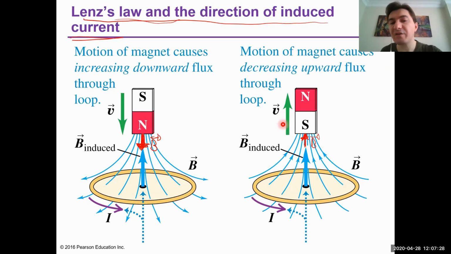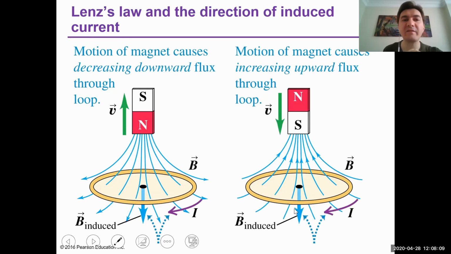And if we move the magnet away from the loop in that direction, the magnitude of the flux will be decreased, okay? If the flux is decreased in the upward direction, then B is induced in the upward direction. Then according to the right-hand rule, again, we have current in the loop, induced current due to the induced EMF.